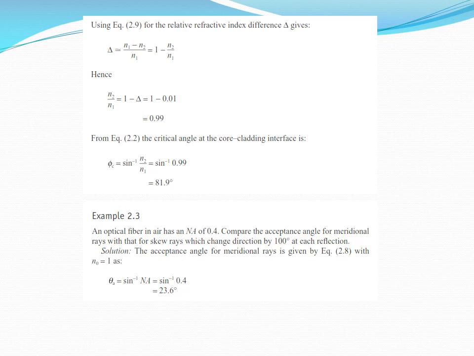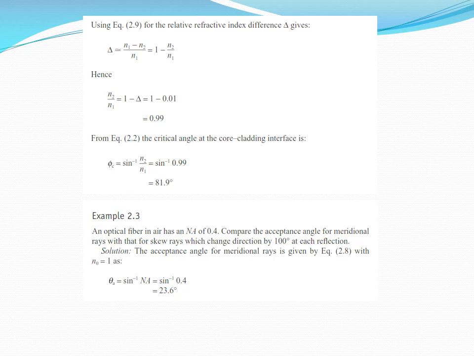Then finding the critical angle for the same. In order to find the critical angle, I require n2 and n1. But in this problem, we just know delta and the relation between numerical aperture and delta. Based on that equation, you can substitute n2 by n1 equal to 1 minus delta.